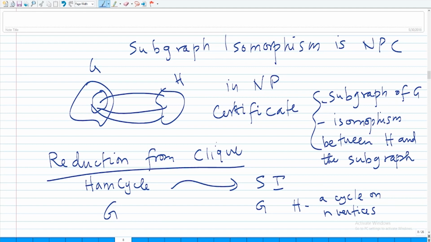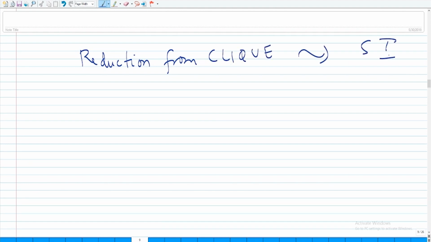So, let's, okay, where do I erase it? Let's take a new page. Okay, so I'm going to reduce from clique to subgraph isomorphism problem. Let's go through the template slowly.